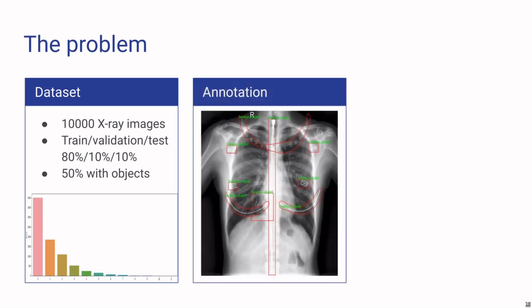The annotations we got are not standard annotations as in object detection or segmentation, and there are different types. The most common one is the bounding box, and there are also arbitrary polygons.